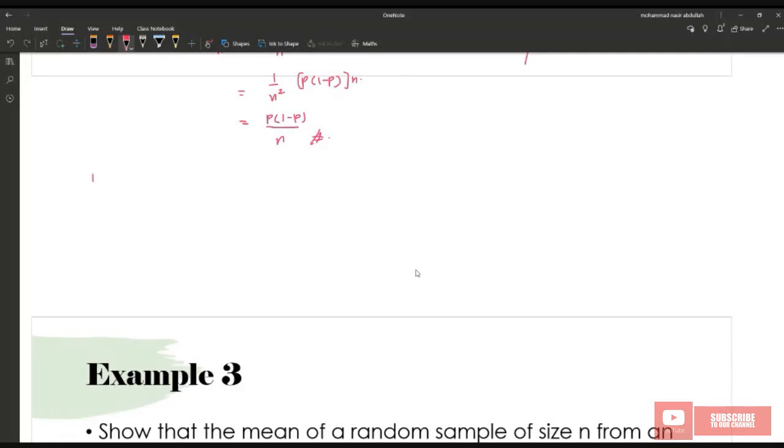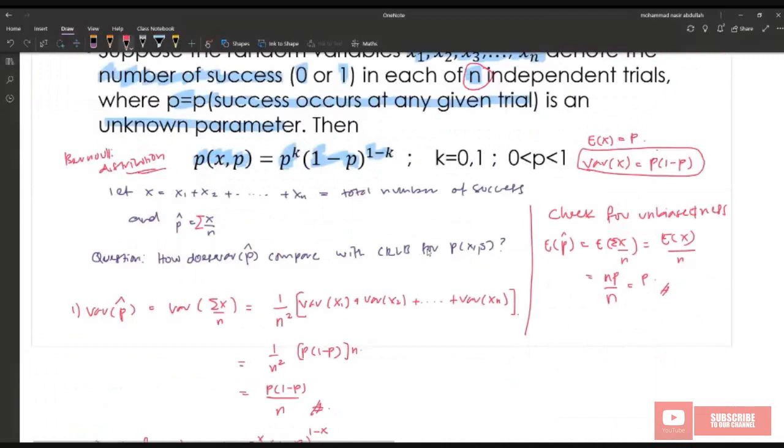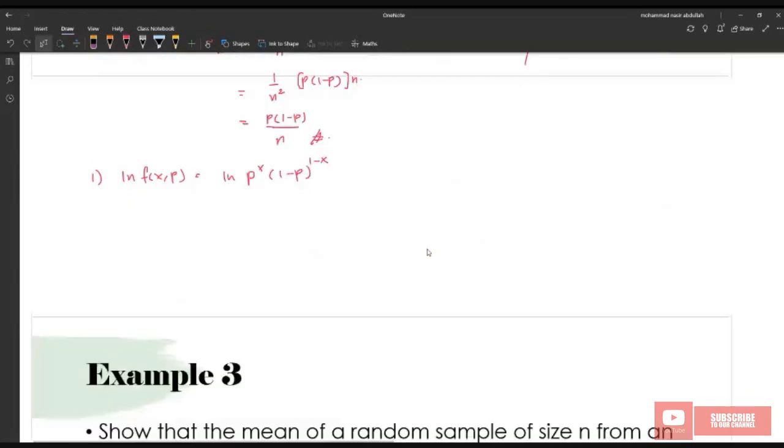So now we start with the first step, which is taking ln f(x; p). So this one should be ln of p to the power of x times 1 minus p to the power of 1 minus x, right? I changed k to p here, sepatutnya this is x.